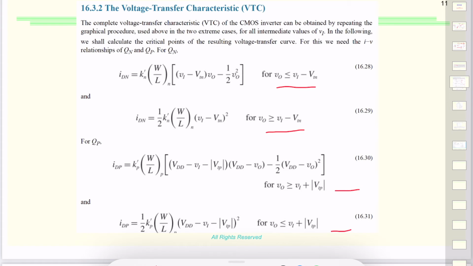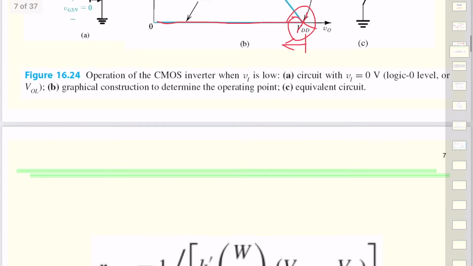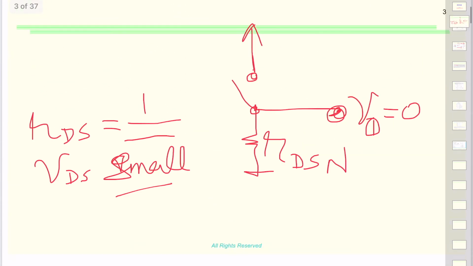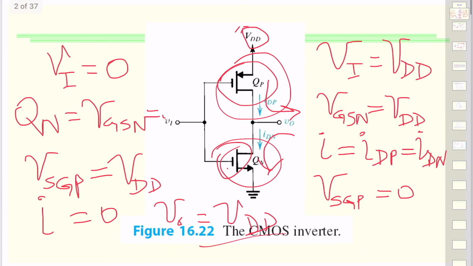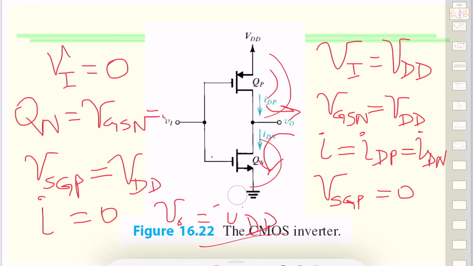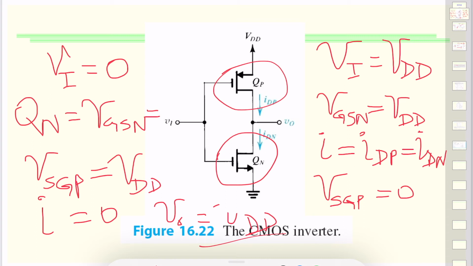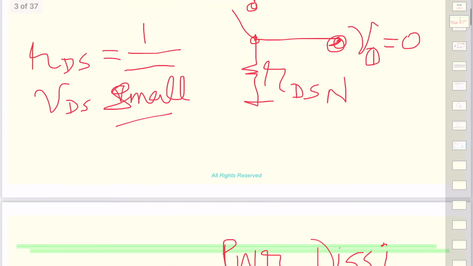So in case of a QN and QP coming together, there are a few things that we need to understand to have the same behavior, to achieve any output for any given input. We have to look at their individual characteristics and see if they match. If they match, their behavior will be exactly the same.